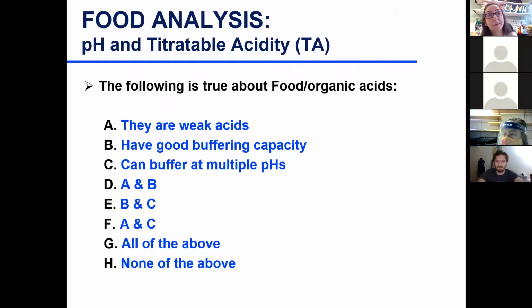You gotta remember, it's been a while since we talked about buffers at the beginning of the semester. Yes. So pH equals pKa plus log of the concentration of conjugate base over the concentration of acid.